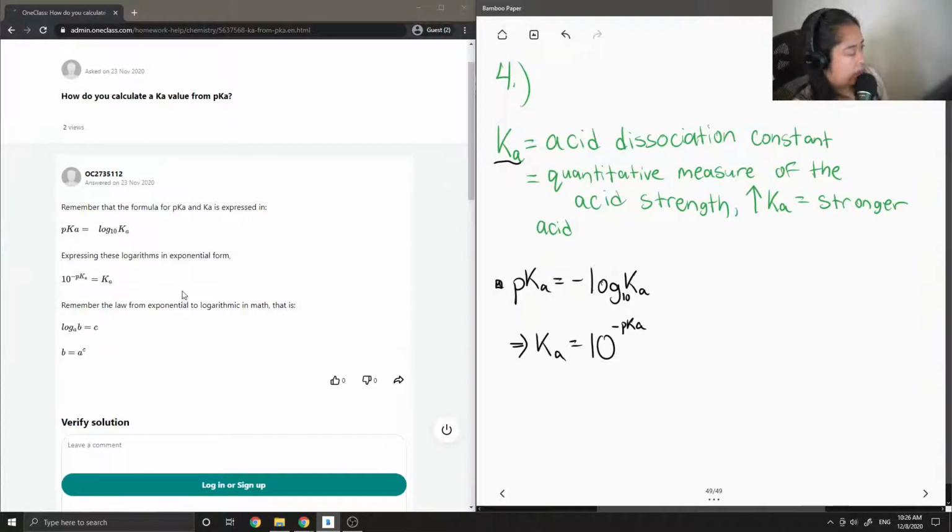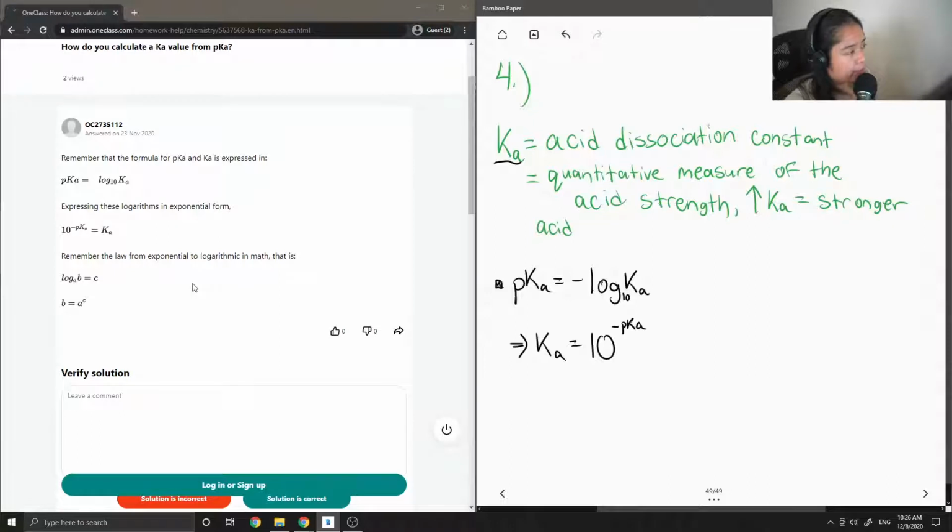So the junior tutor said, remember that the formula for pKa and Ka is expressed as pKa is equal to, I think they just forgot the negative sign, negative log Ka. Expressing these logarithms in an exponential form is 10 to the power of negative pKa is equal to Ka.